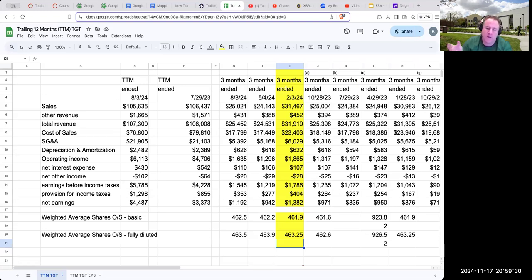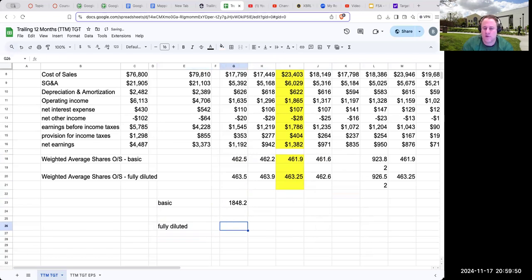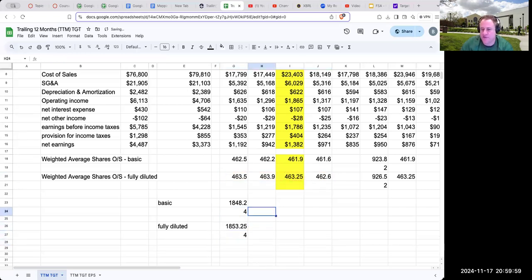At this point, I have my basic and fully diluted weighted average shares outstanding. However, I need to come up with an average of these for the year ended. So I'm going to take the sum for basic and the sum for fully diluted, and divide these by 4 because I'm doing this over 4 quarters.